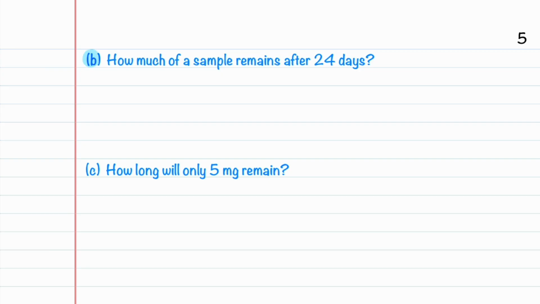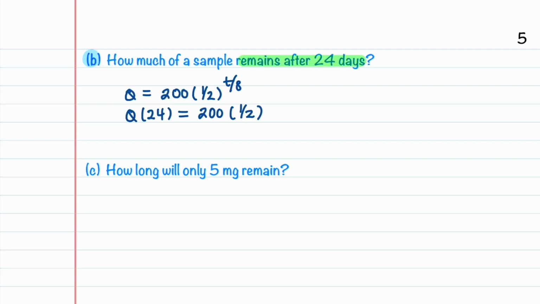We now want to find out how much of a sample remains after 24 days. Let's write down the expression for Q that we just found. We found that Q was equal to 200 times 1/2 to the t over 8. Now we're going to substitute in that t is 24, so our amount of iodine at 24 days is equal to 200 times 1/2 to the 24 over 8.